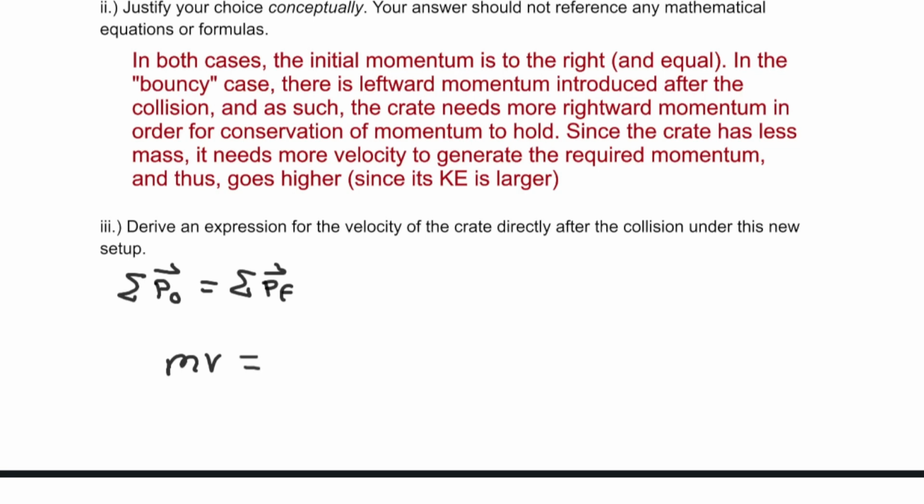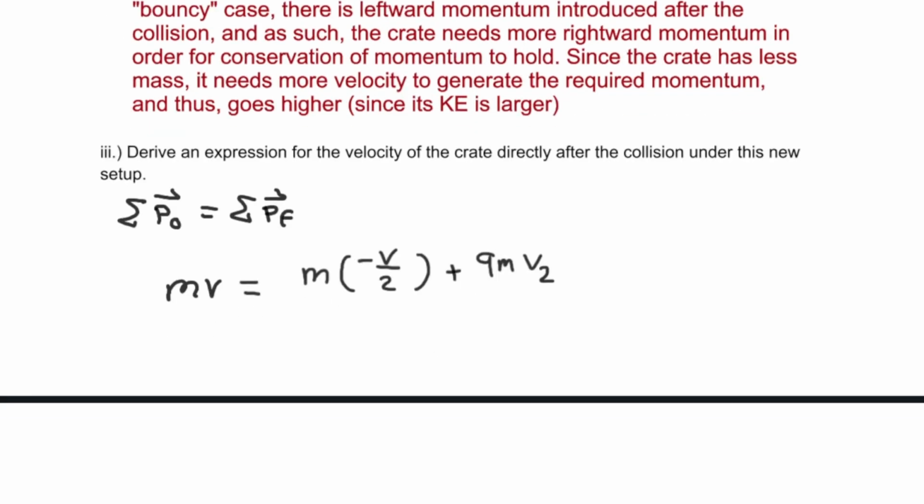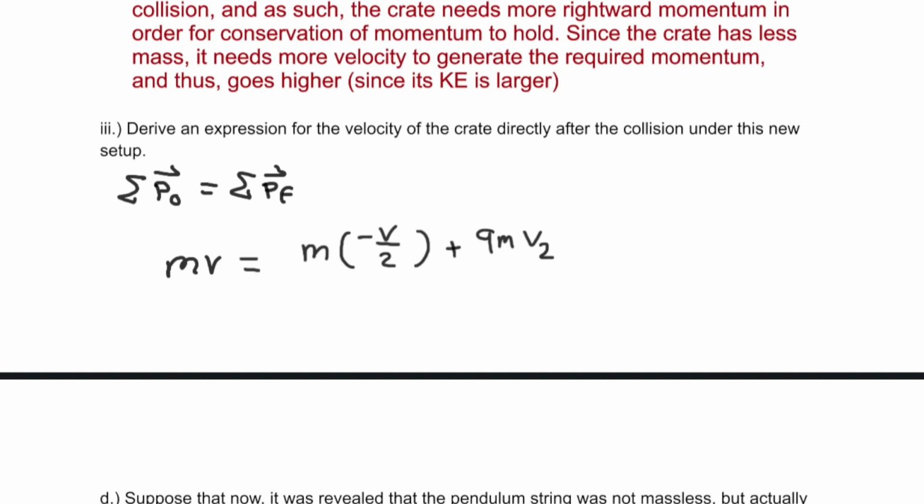And after, we have projectile mass m at a speed of negative v over 2, don't forget that, plus a mass of 9m at some velocity v2 that we don't know. The mass cancels from all the terms, so we're just going to get v equals negative 1/2 v plus 9 v2.